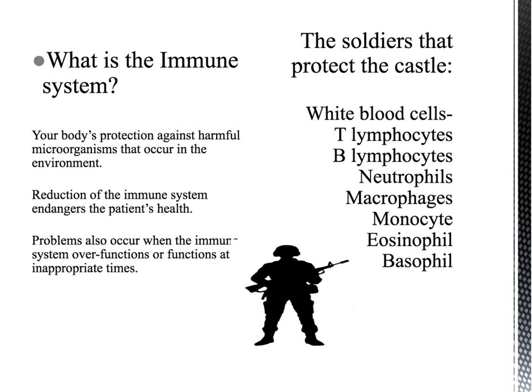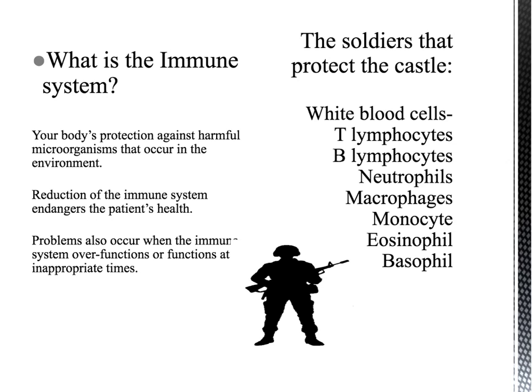It will tell you what the white blood cell count is collectively, and then it will differentiate it out into the specific types of white blood cells that are present. The reason they do that is because, as you'll learn, each white blood cell has its own specific job, and so if one's elevated as opposed to another, it can help us determine the cause of the infection or the cause of the rise in the white blood cell count.